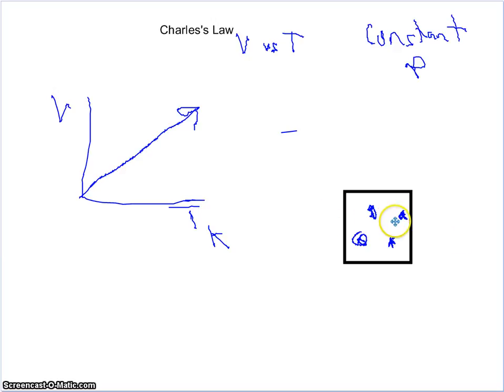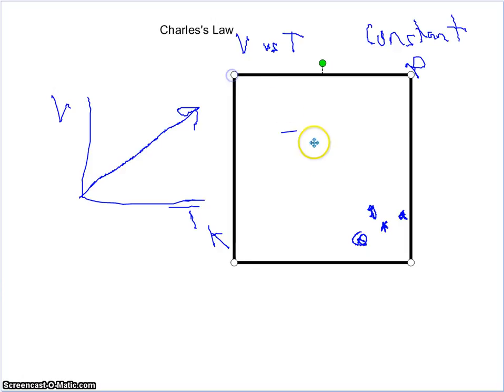If we think about this, it should hopefully make sense. If the pressure is constant, that means the number of collisions with the surface always stays the same. Temperature relates to how fast particles move. If you increase the temperature, they start to move a lot faster. Now they're colliding more, but pressure is constant. The only way for the pressure to be constant is if the volume gets bigger as well.